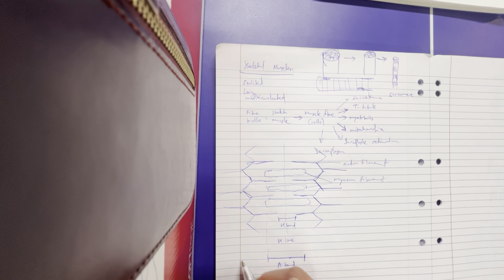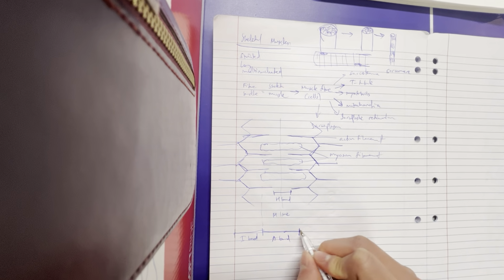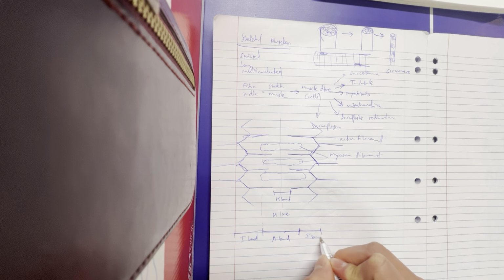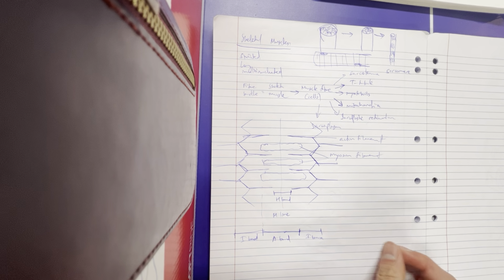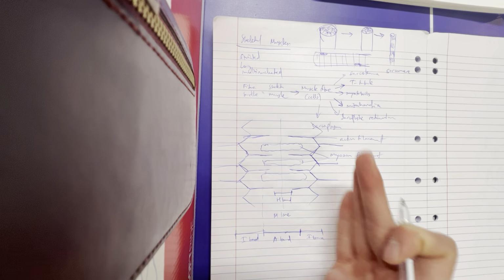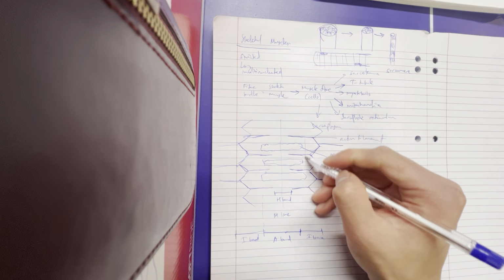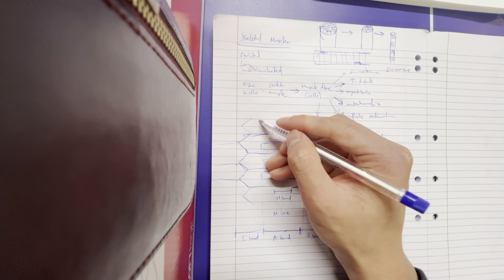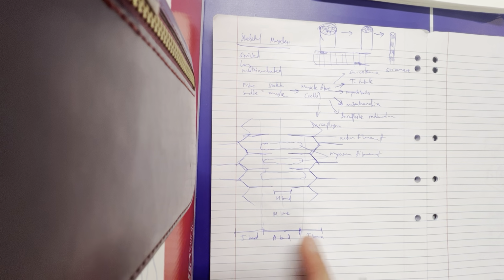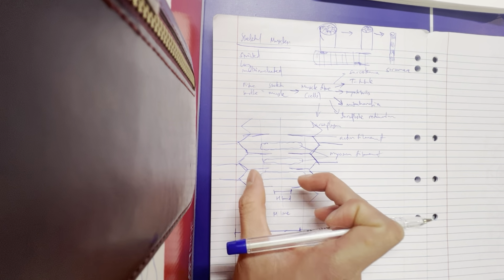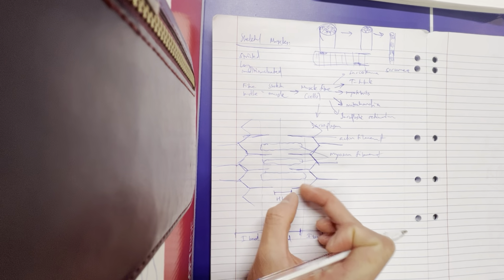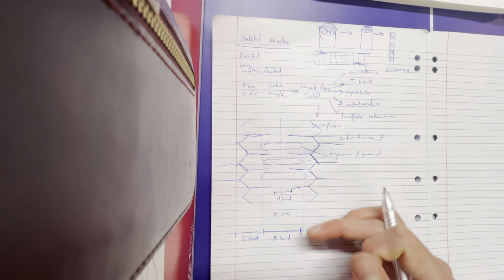And the I band is just the rest of the sarcomere, basically the rest of the actin, excluding the myosin. So the I band is this, the A band is myosin with a little bit of actin on both sides, and the H band is myosin only.